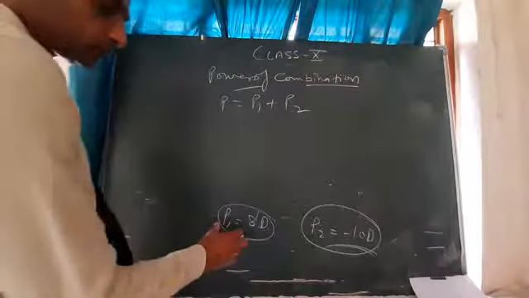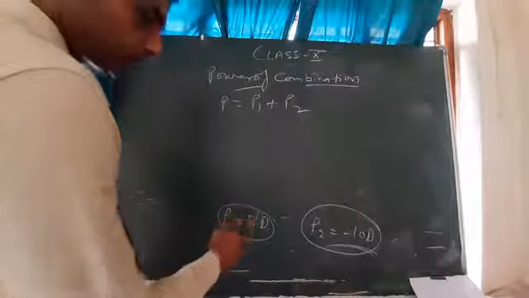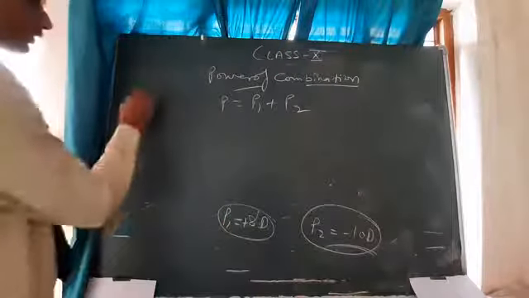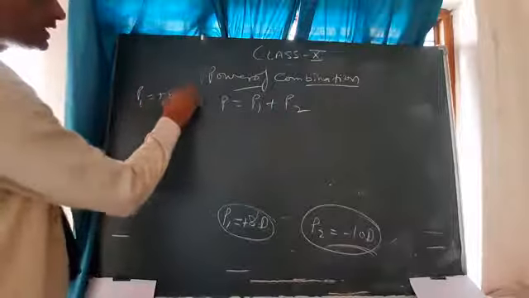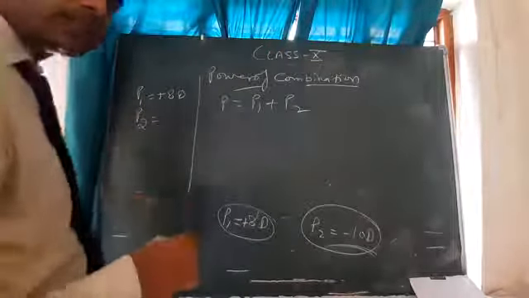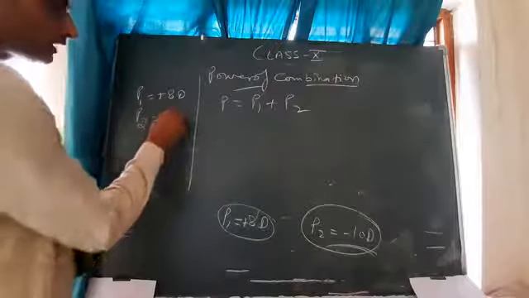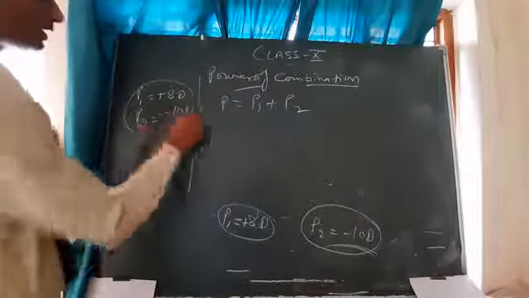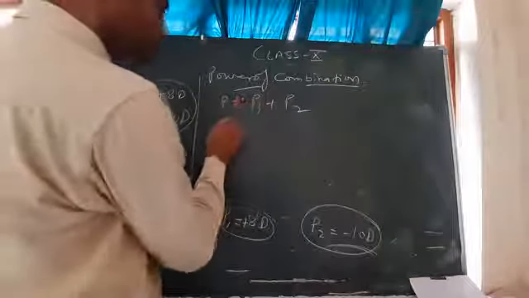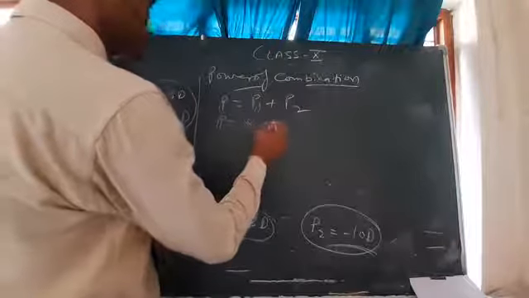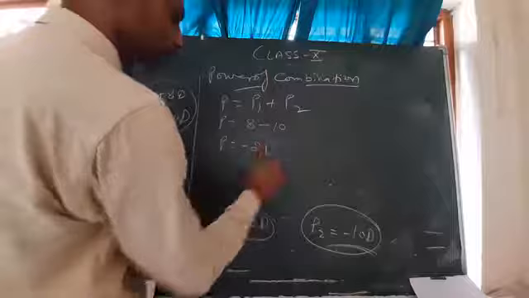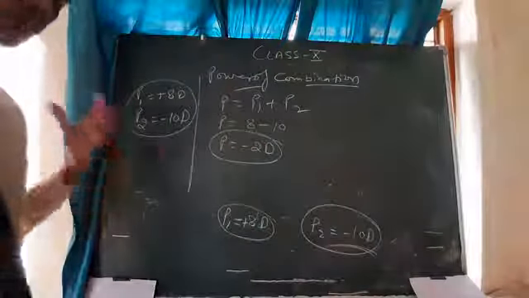P1 is convergent, it means power is positive, so P1 equal to plus 8D. But the second lens is a divergent lens. It means this is concave, so minus 10D. So the power of combination P equal to 8 minus 10. It means P equal to minus 2D.